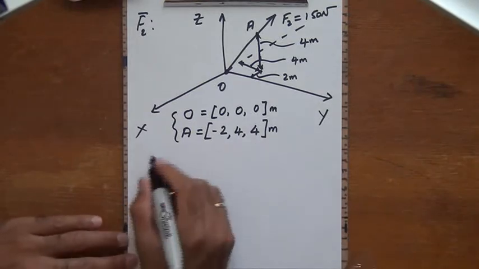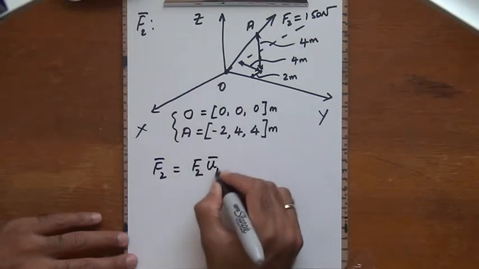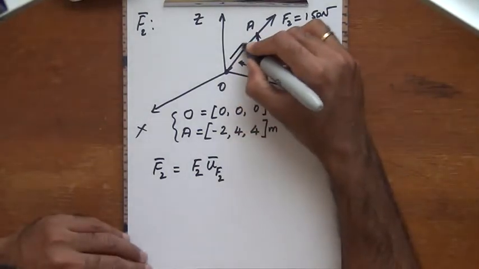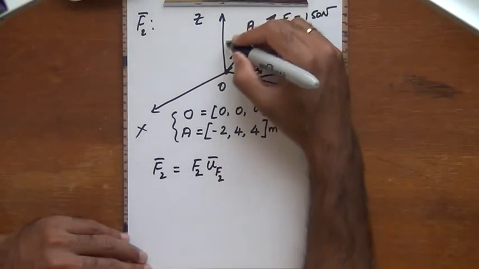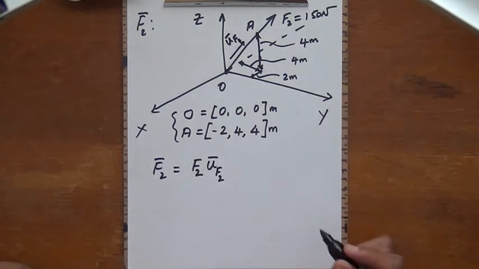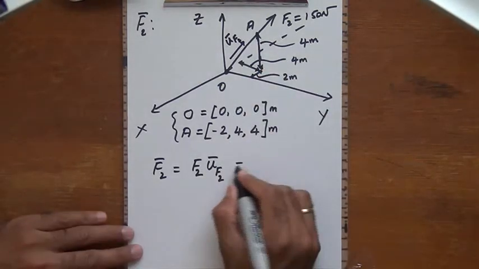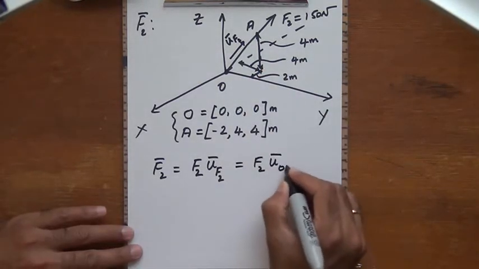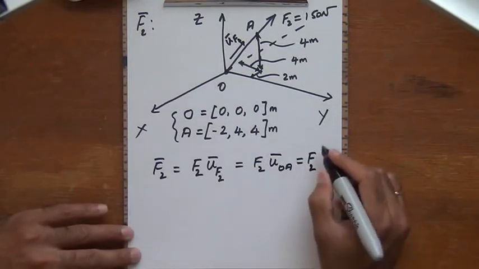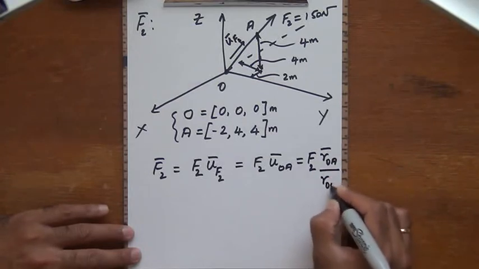And if I write out the force vector F2, now F2 is going to be the magnitude times the unit vector along its line of action. And this unit vector along its line of action, as you can see here, this is going to be UF2, and UF2 you see is along the same direction as the unit vector from the point O to the point A, which means that I can write this as F2 times U from O to A, and this is nothing but the force vector F2 magnitude times the position vector from O to A divided by the magnitude of the position vector.